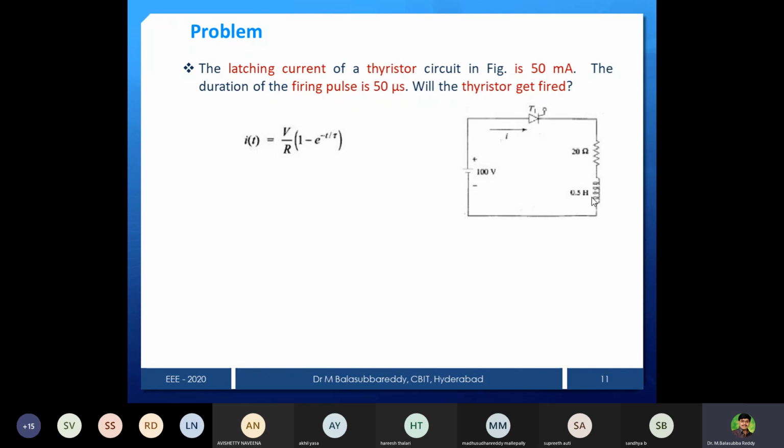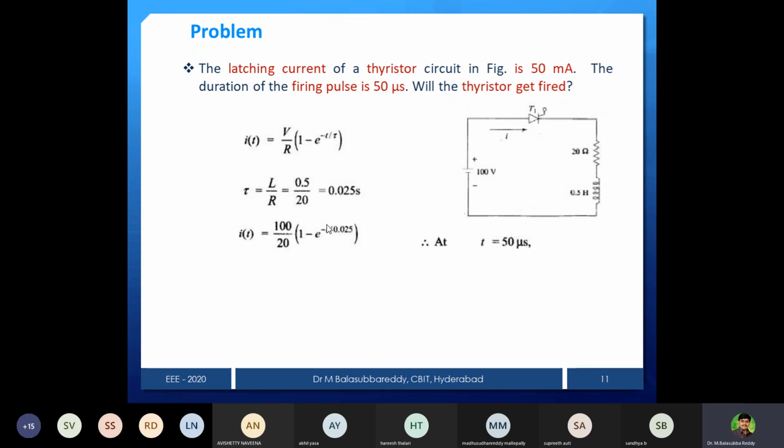For the RL circuit excited by the voltage, I is equal to V by R into 1 minus e power minus t by tau, where tau is L by R. L is known, R is known: voltage is 100 and R is 20. So I is V by R into 1 minus e power minus t by tau.